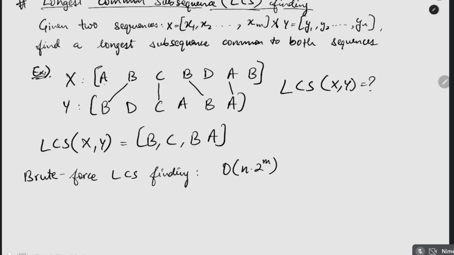Right? So now how can we leverage dynamic programming for this?